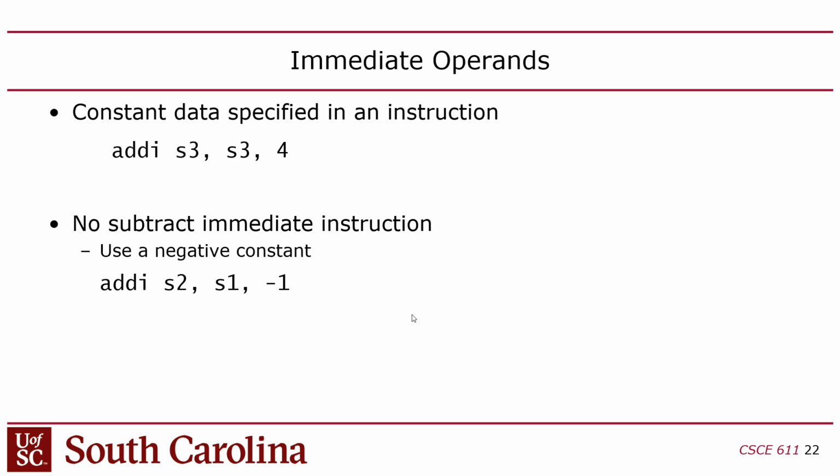And then there's immediate instructions. MIPS and RISC-V are both what are called 3-address architectures, meaning that the R-type instructions have 3 addresses: 2 operands, 2 inputs, and 1 output. That's actually different from Intel. Intel assembly is a 2-address architecture.